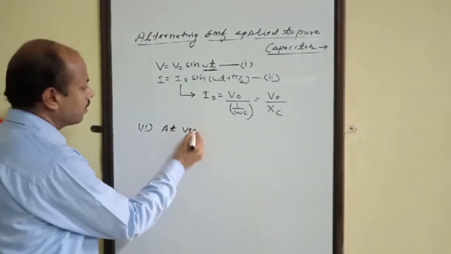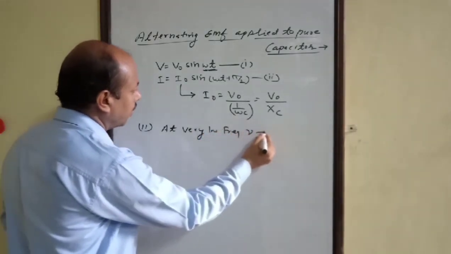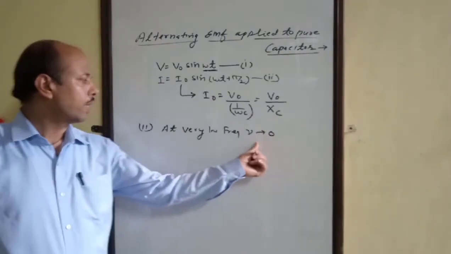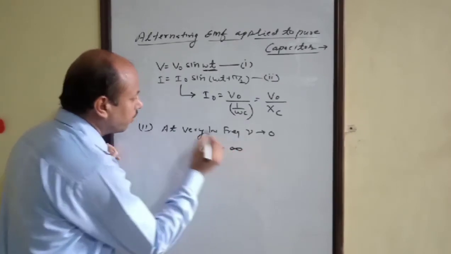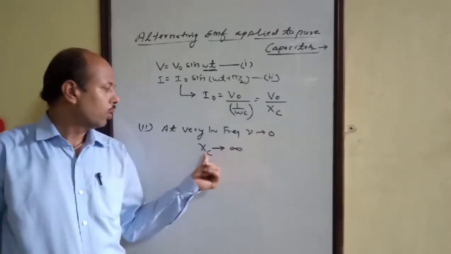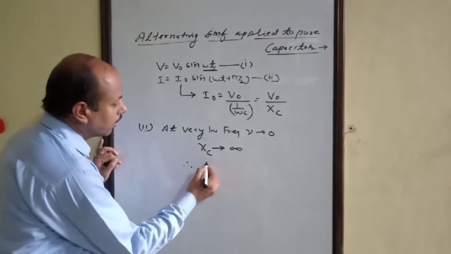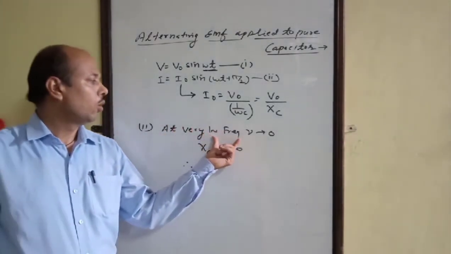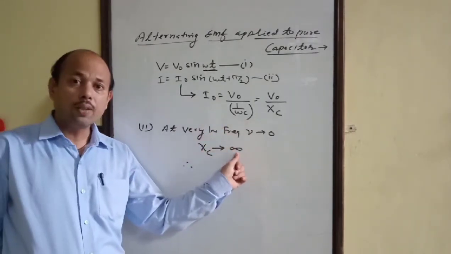At very low frequencies, nu tends to 0, therefore Xc tends to infinity, and therefore current will be 0, and hence we can say that at very low frequencies Xc will be infinity.